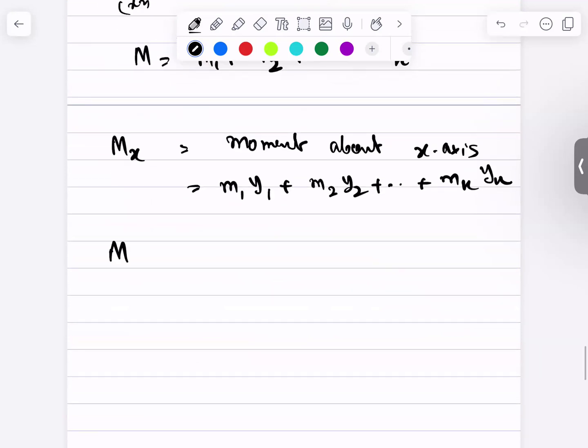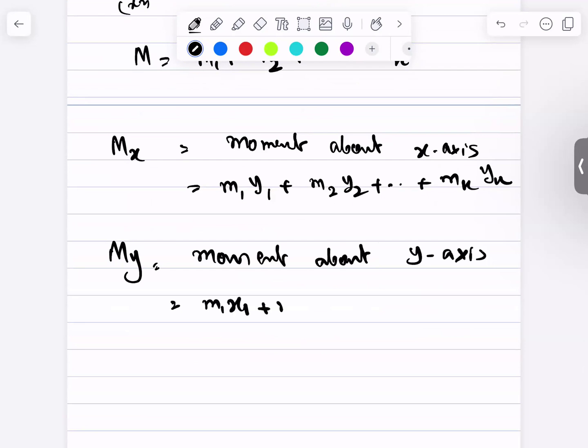And for the moment about the y-axis, we do the same thing but with the first coordinates of the points: m1 x1 plus m2 x2 plus so on, mk xk.